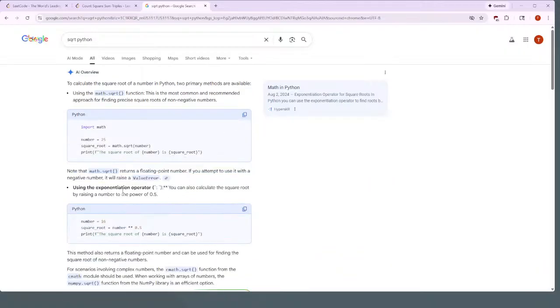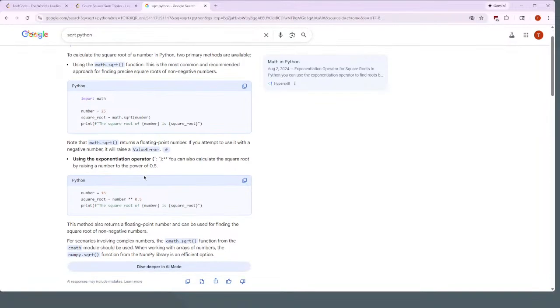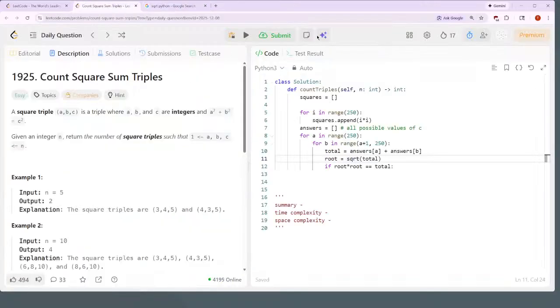Square root is probably a float, yeah, I need to convert this to an integer. So if the integer version, which is the truncated version without the decimal, multiplied by itself equals the total, then that means it's a perfect square.